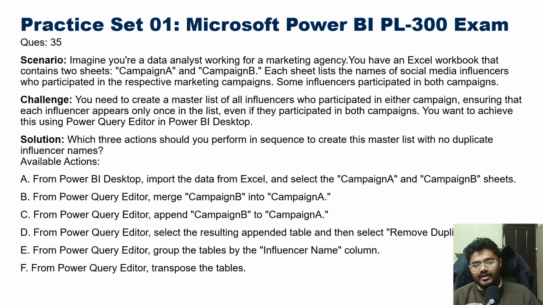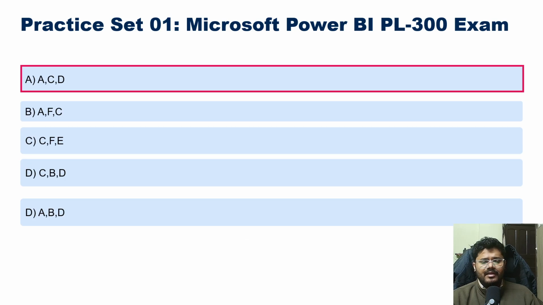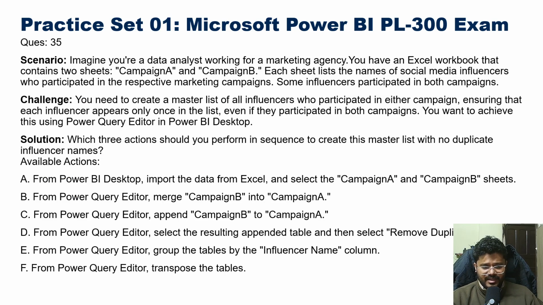First you get campaign A and then you get campaign B. And the third step is step D, which is from the Power Query editor, selecting the resulting appended table and removing duplicates. So that's a basic step. I can show you in Power BI desktop also, but I don't think we require much data. But if time permits, I can definitely show you.